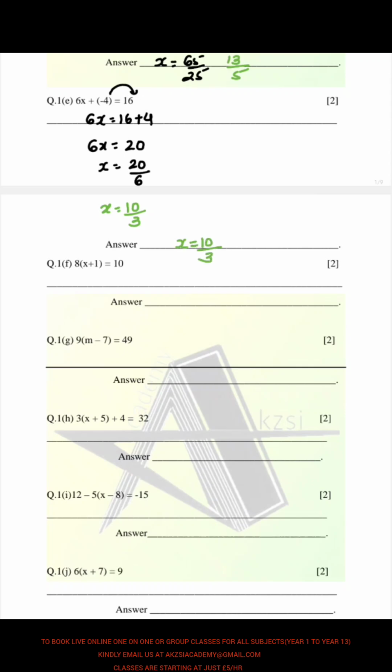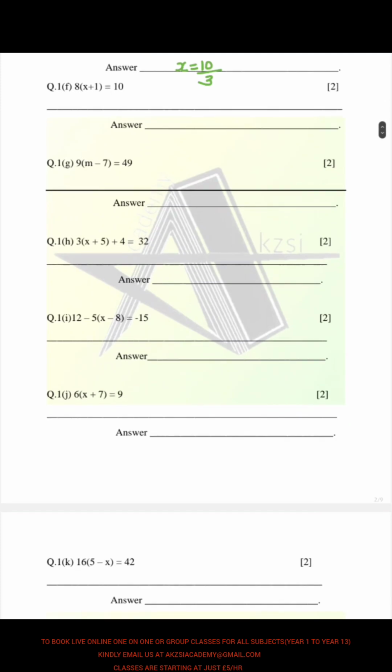This one, if you remember, in my second video of linear equations, I have explained that some questions you will find on expanding the brackets. The brackets are there, so you just have to expand it. While expanding, you have to multiply every number that's inside the bracket with the number outside. So I have to multiply 8 with x, which is 8x, and 8 with 1, which is 8, equals 10.